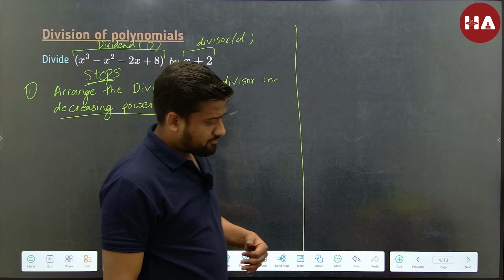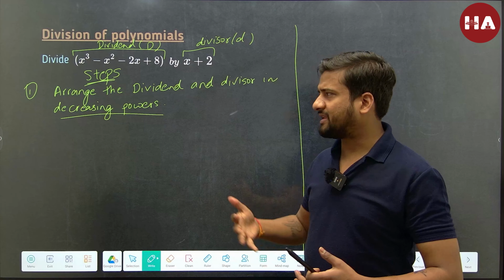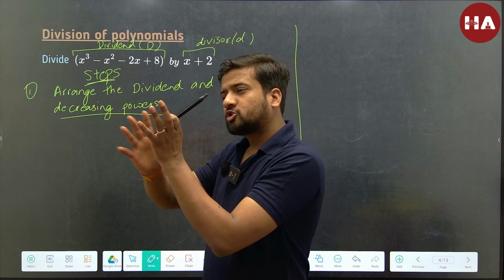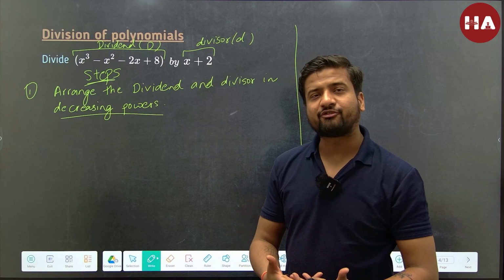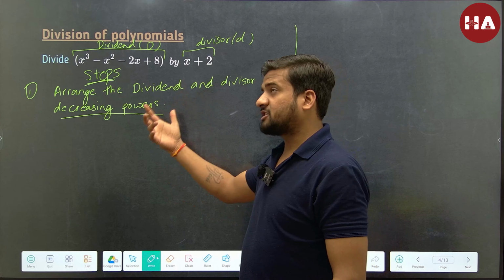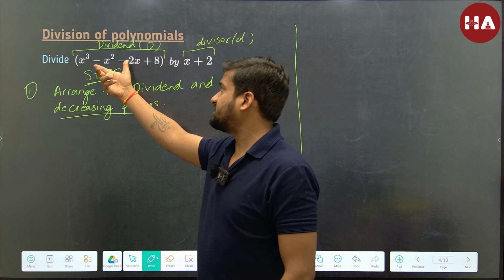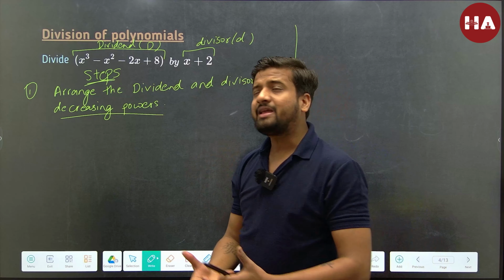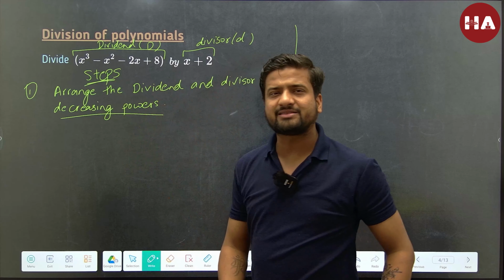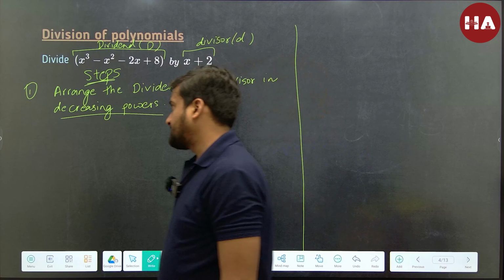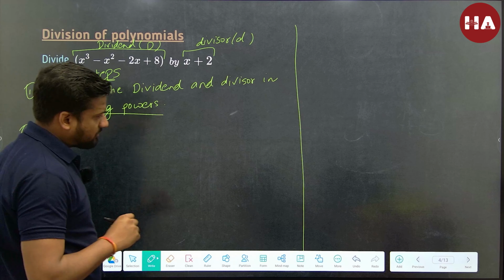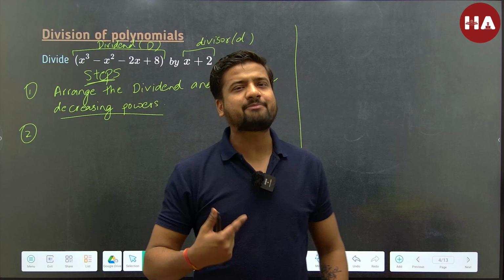Basically descending powers, from larger to smaller, that's how we have to arrange our dividend as well as divisor. And if you'll notice in this question, the terms are already in the descending powers of the variable.